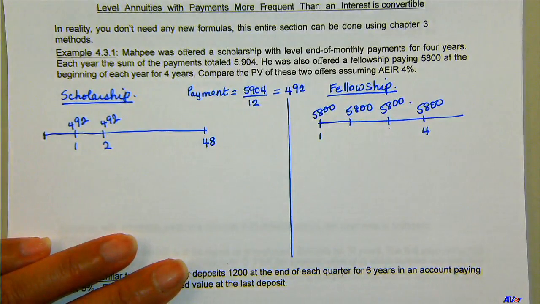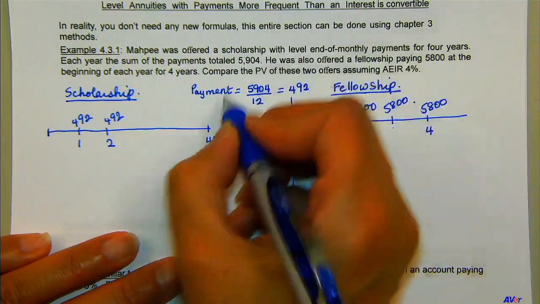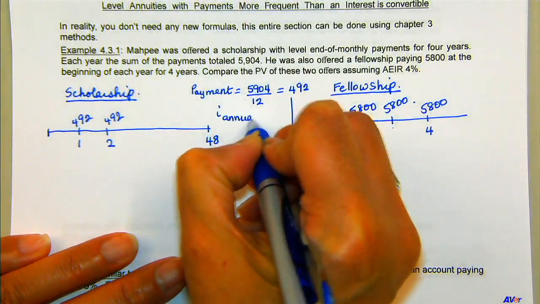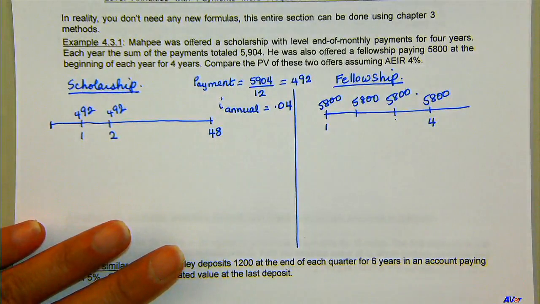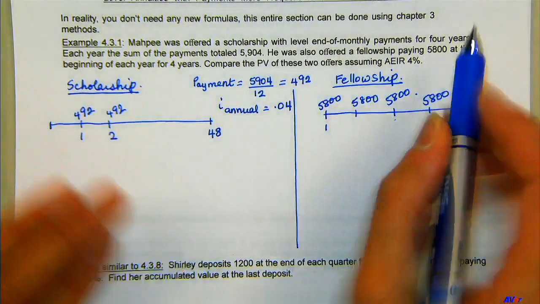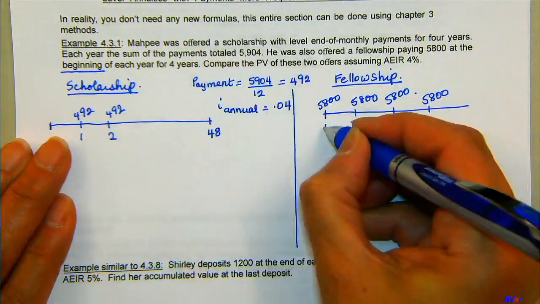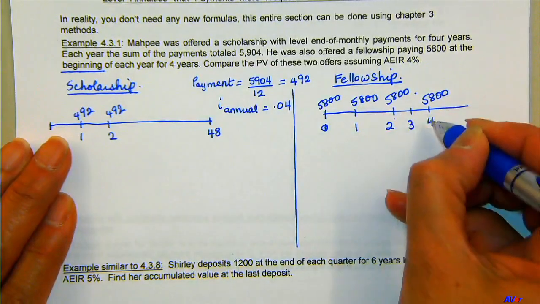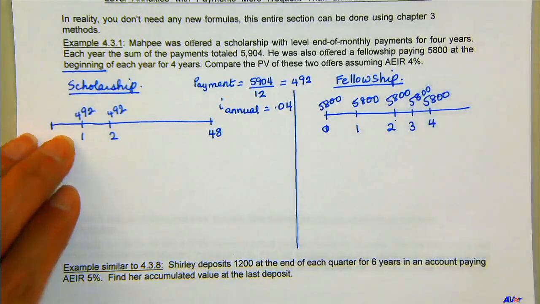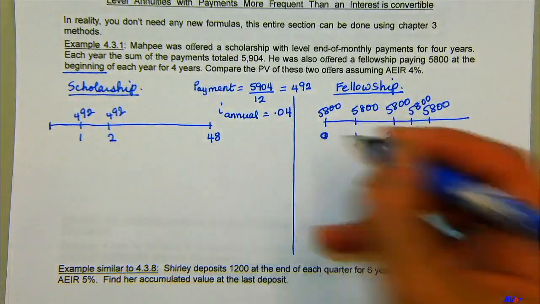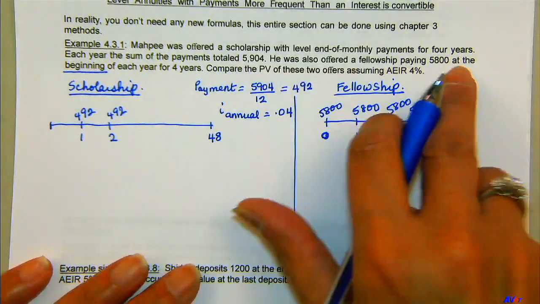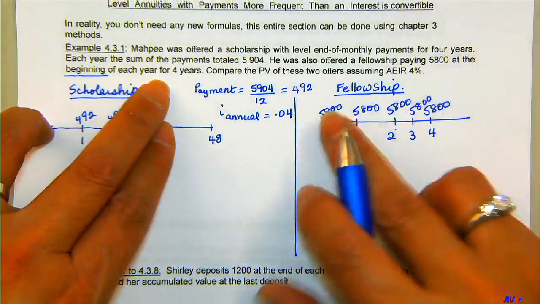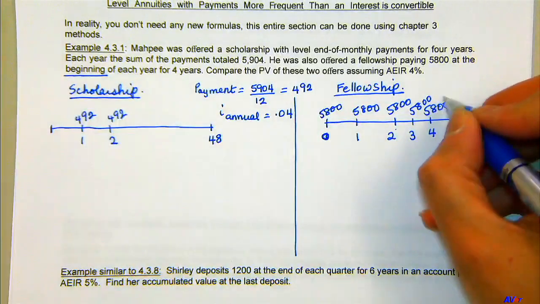Compare the present value of these two offers, assuming annual effective interest rate 4%. So i annual is equal to 0.04. The payments are at times 0, 1, 2, 3. There is no payment at time 4, so let's get rid of that.